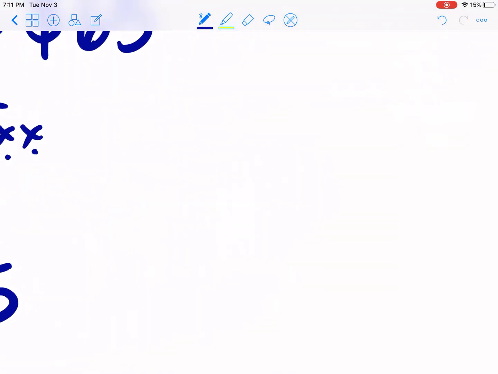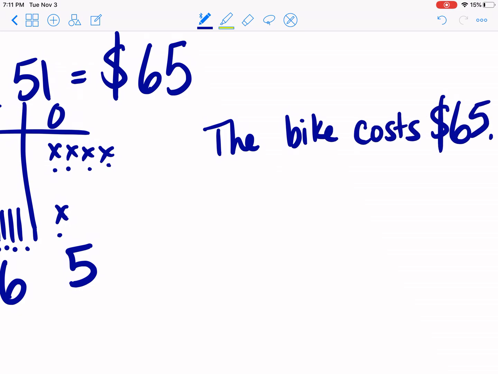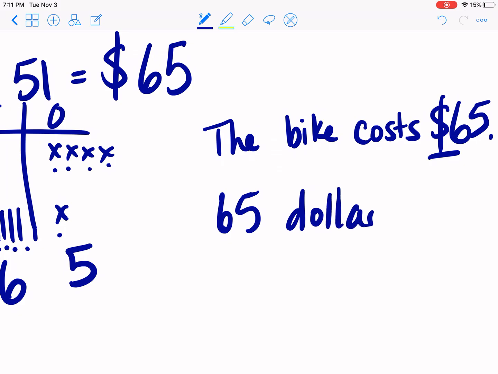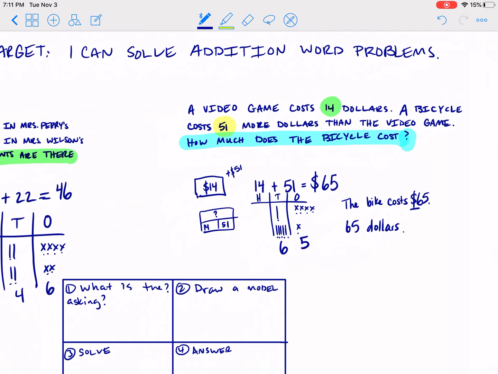If we wanted to answer with a complete sentence, the bike cost $65, and that's our dollar sign right there. If you wanted to write $65 with words, you could do that too. Make sure you read this carefully when you're entering on the form too.